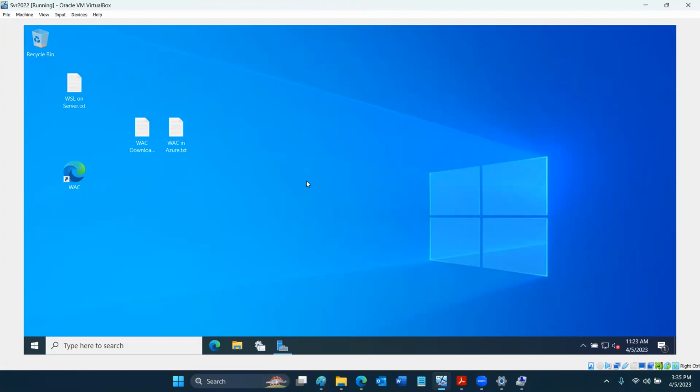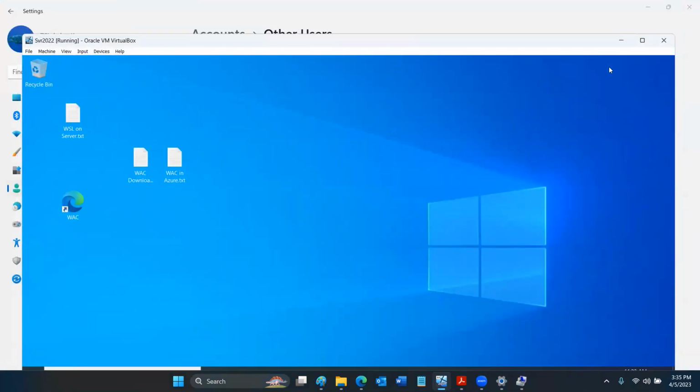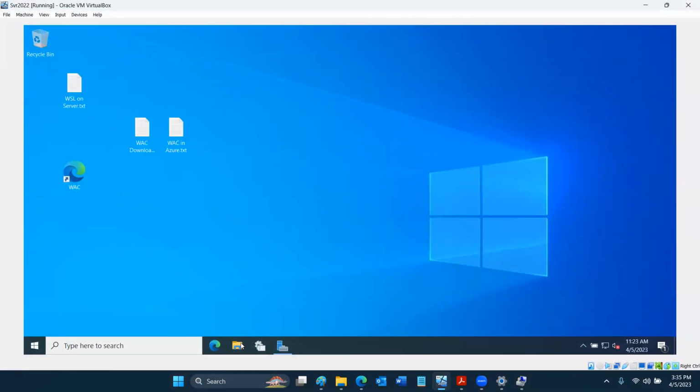If I had that edition of the operating system, then I could open up my file explorer, and I'm hoping my system is going to be responsive here. What's going on?